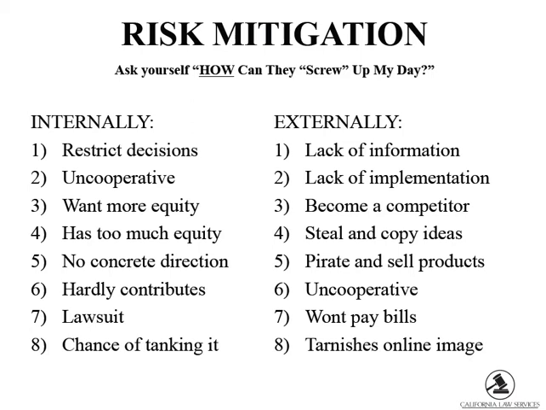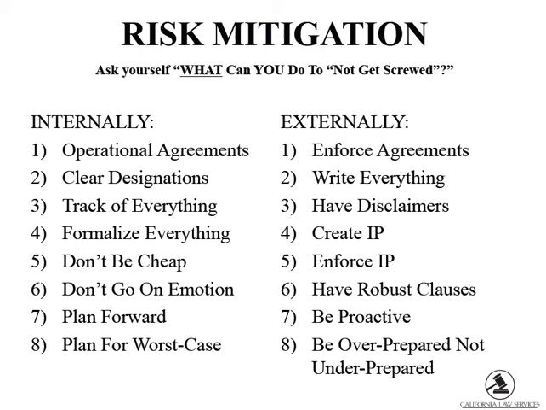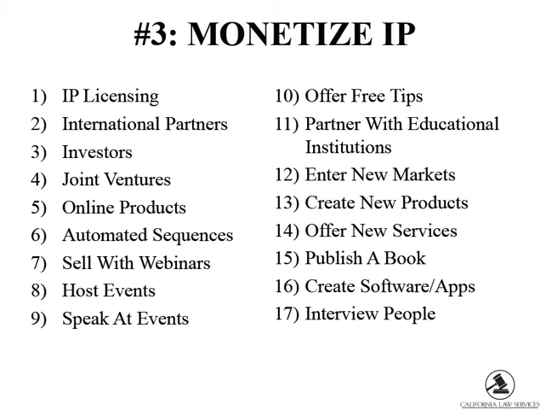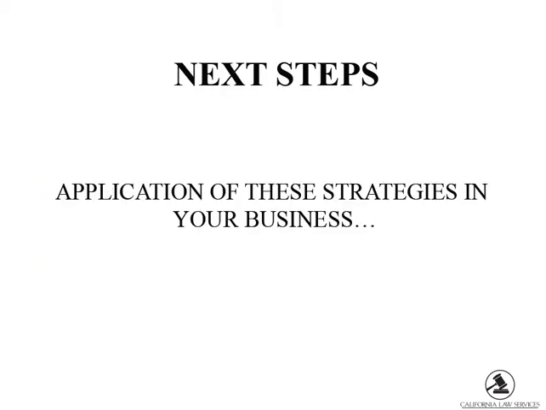Lawsuits, uncooperative people, too much equity. What do you do? You create operational agreements. You put in contracts. You think of clauses. You put everything into words and formalize it. So that's the way you do it. And then you go ahead and create new revenue streams.